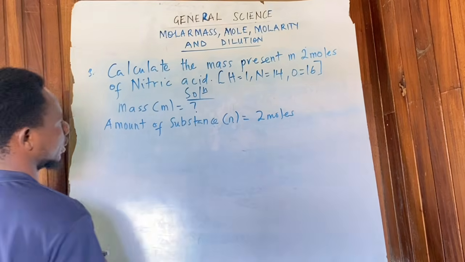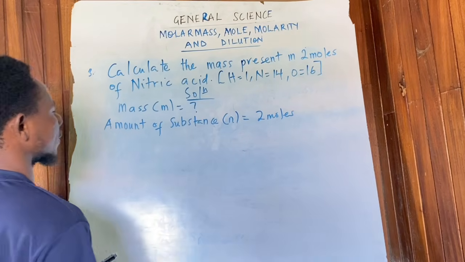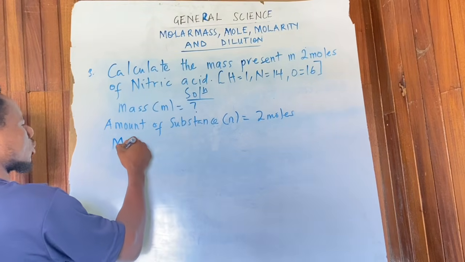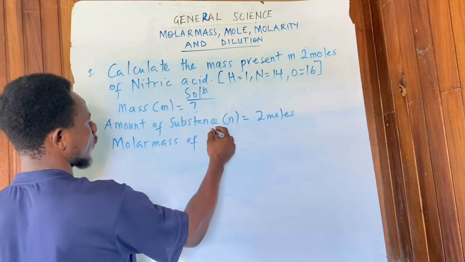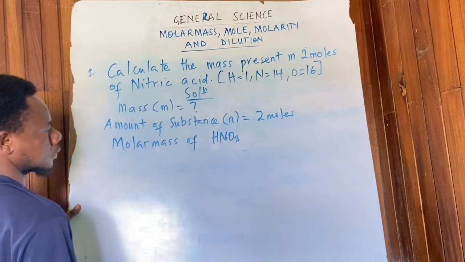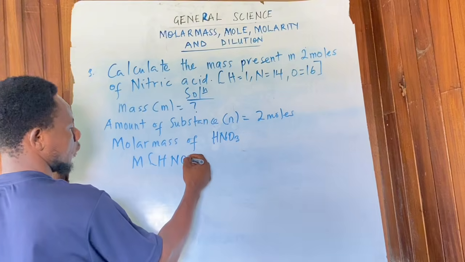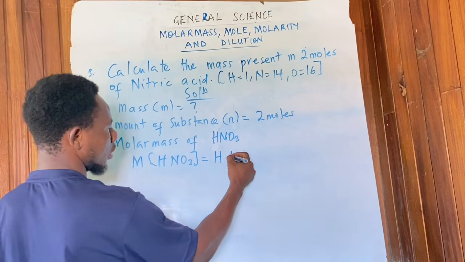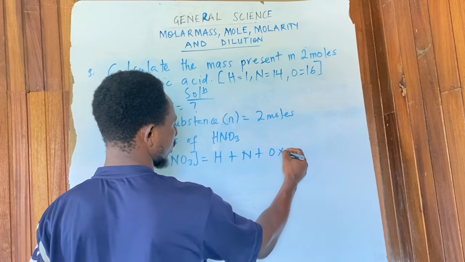Then nitric acid, which is HNO3 or trioxonitrate 5 acid. So nitric acid is HNO3. So you have to calculate the molar mass of HNO3. So molar mass of HNO3 is hydrogen here plus nitrogen here plus oxygen multiplying 3.